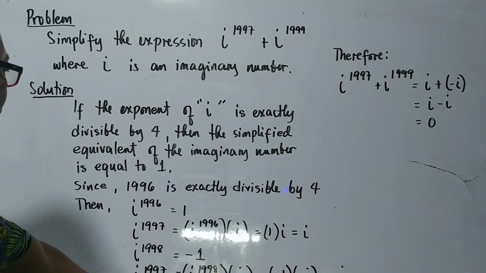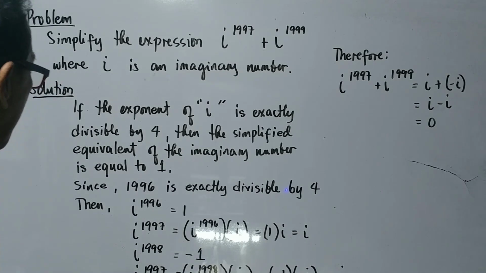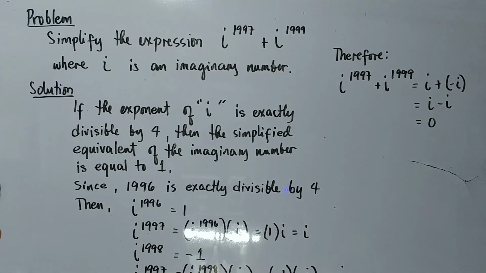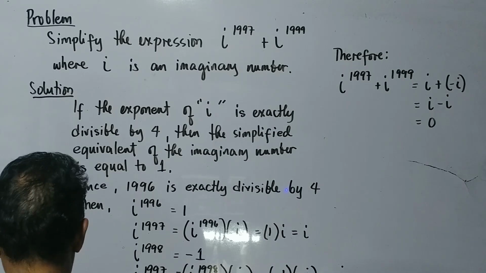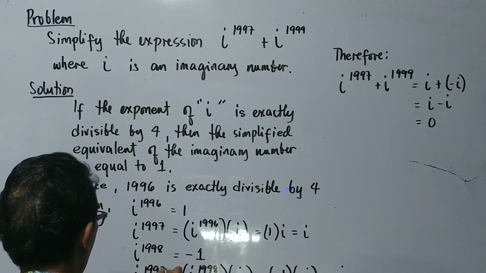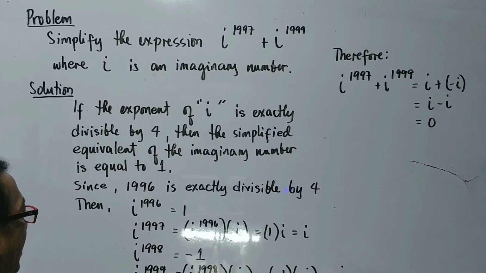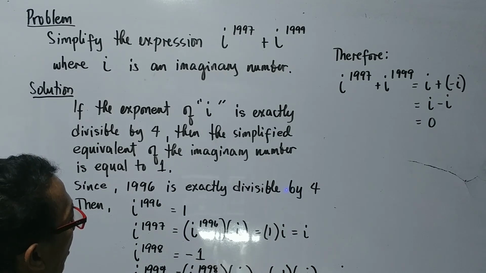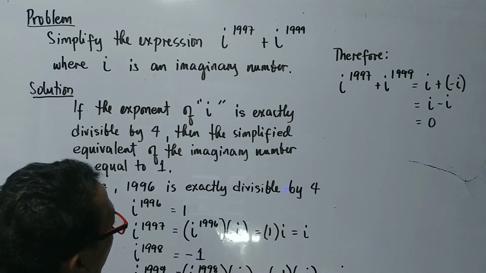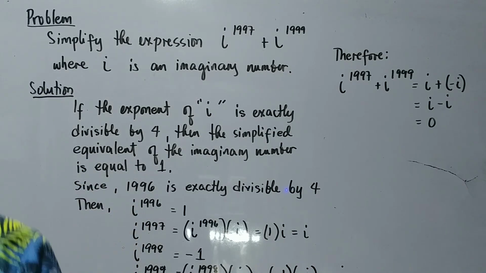Then, our i to the 1,999 is equal to i to the 1,998 times i, or we have now negative 1 times i, or we have now negative i.